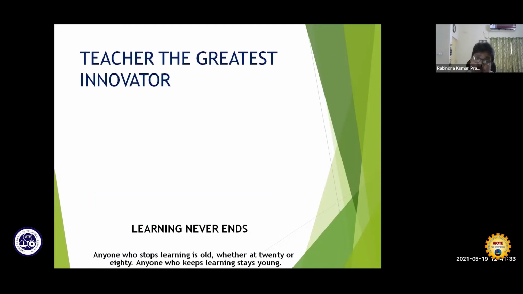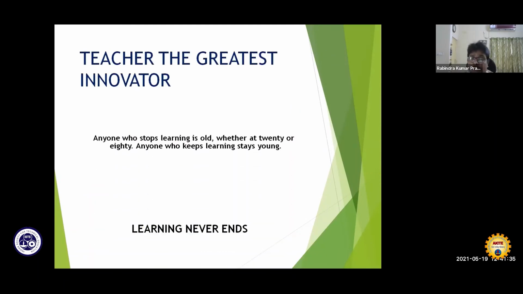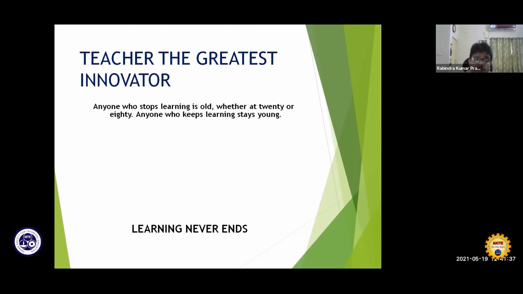As you all know, teachers are the greatest innovators. Anyone who stops learning is old, and whether at 20 or 80, anyone who keeps learning stays young. That is why people always say that a professor or a teacher never retires in his life. Why? Because he keeps learning. Academics is lifelong learning.